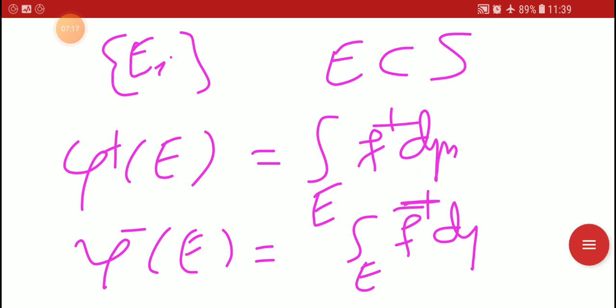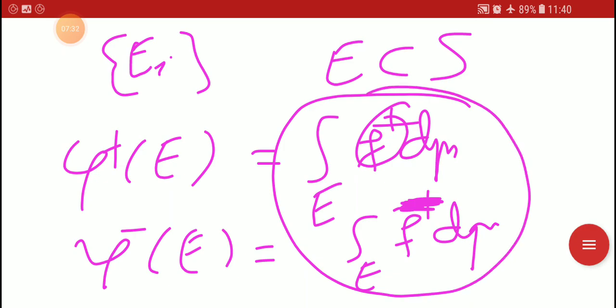We assume it like that. Since f is measurable, therefore f plus and f minus are measurable, therefore psi plus and psi minus are measurable. Clearly they are measurable.